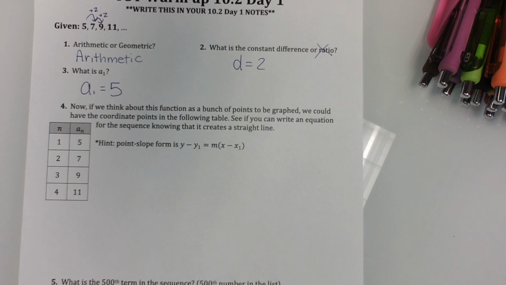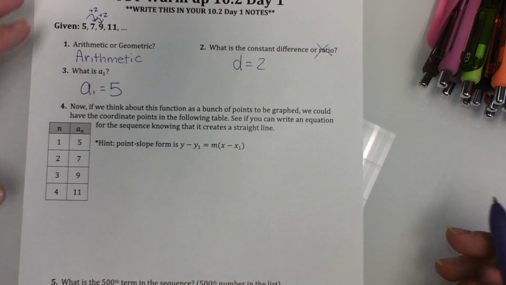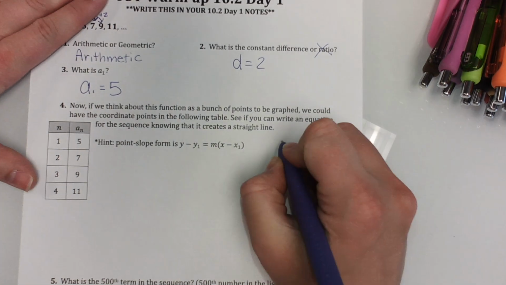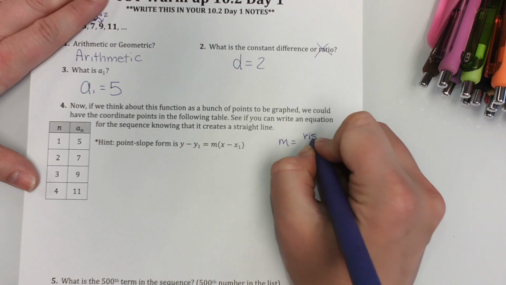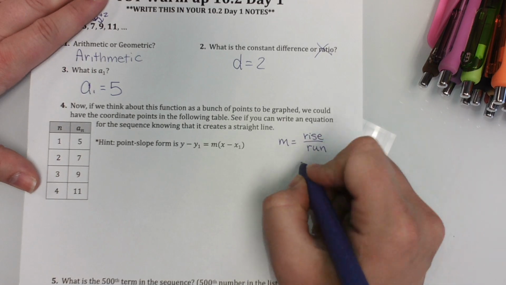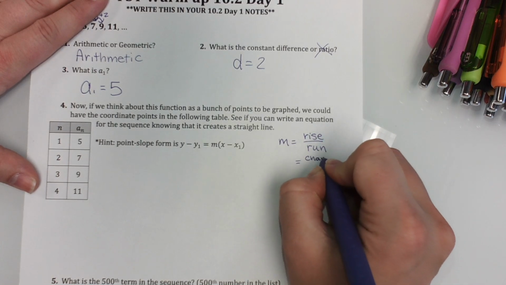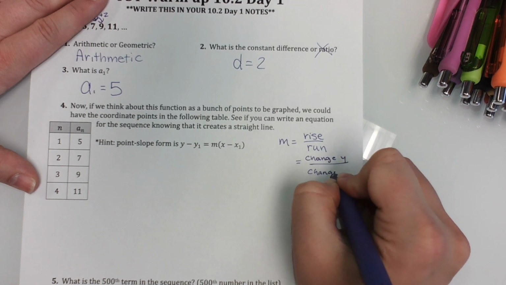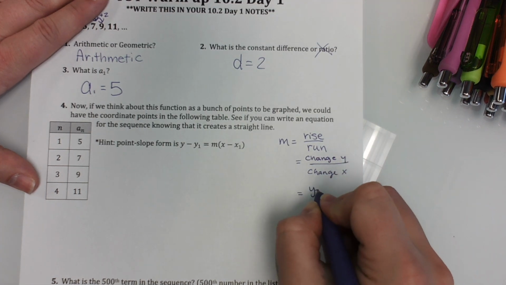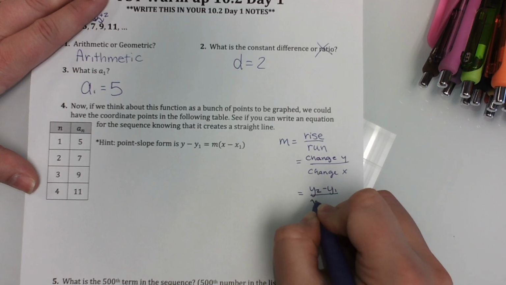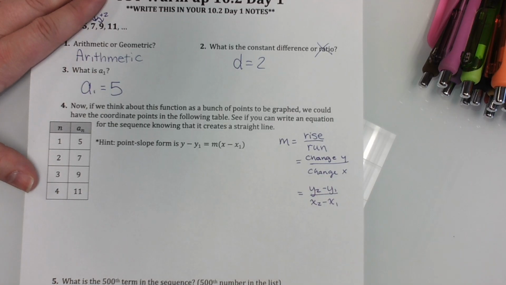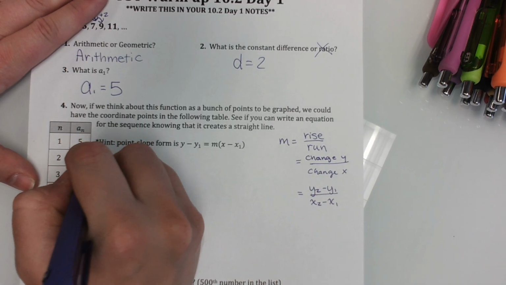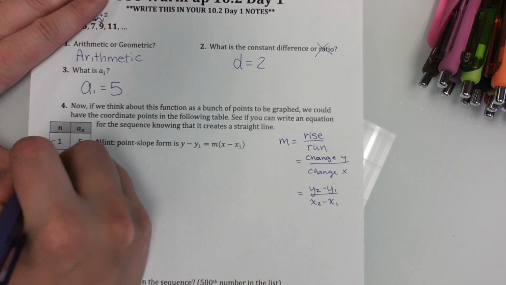Rise over run. Change in y's over changes in x's. y2 minus y1 over x2 minus x1. There's a lot of different ways to write it. These would be like my y's, these would be like my x's.